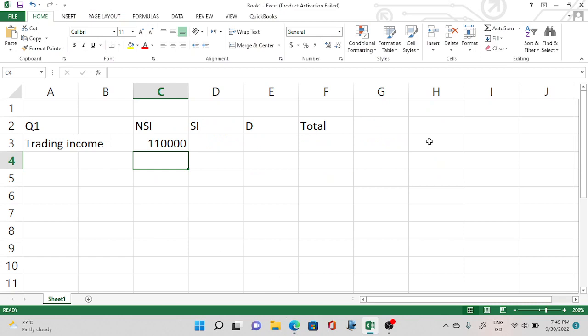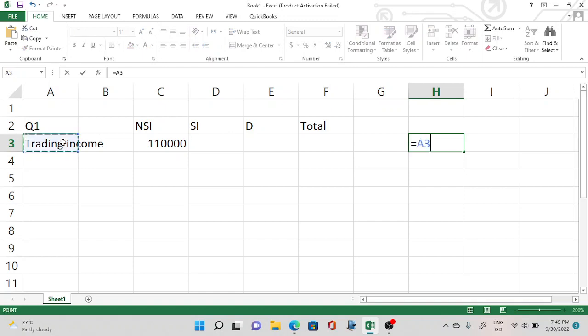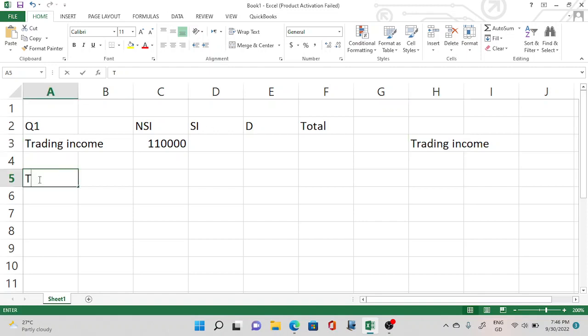So let's do the working over here. Trading income is 110,000. This is his total income. He has no other income, so total income would be the same.